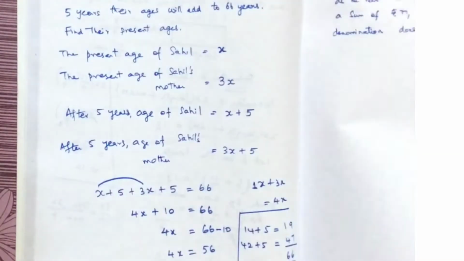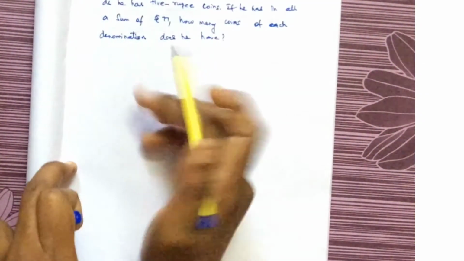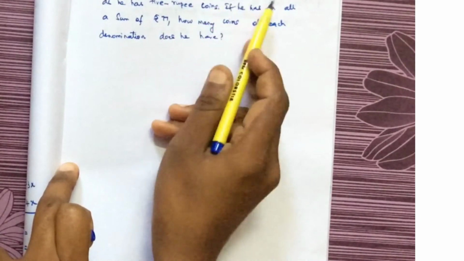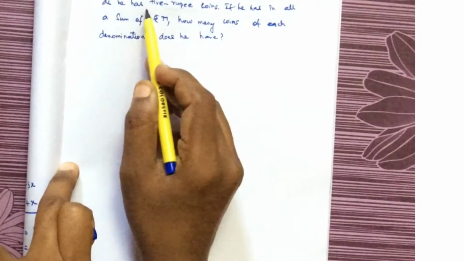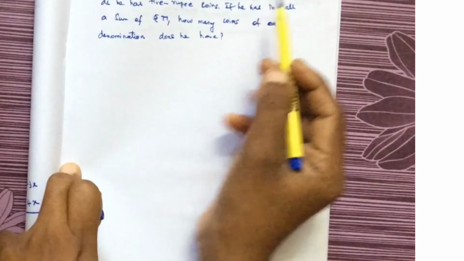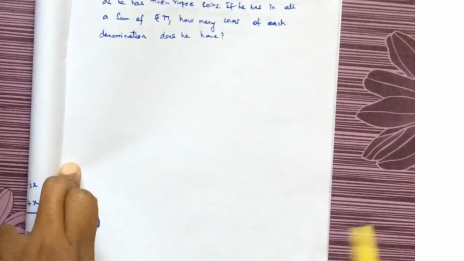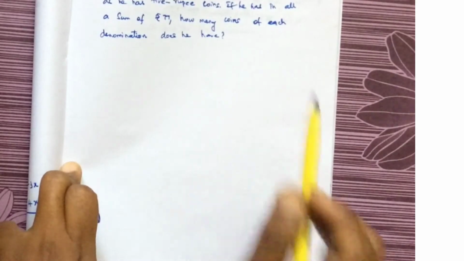Now we will proceed to this problem. Bansi has 3 times as many 2 rupee coins as he has 5 rupee coins. They did not mention how many 2 rupee coins he has.